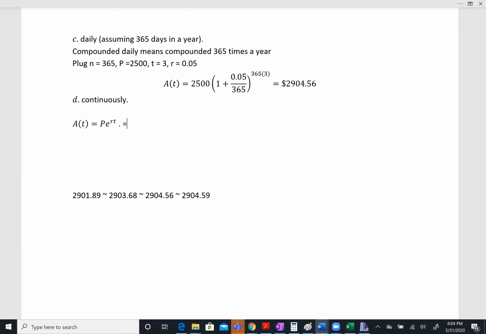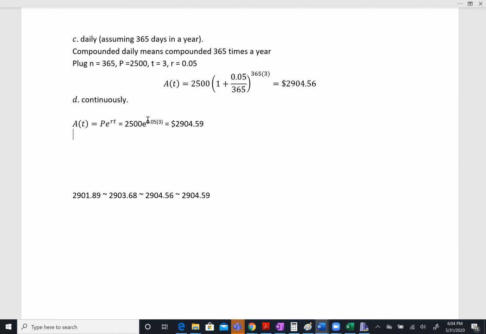Now you change: 2500 multiplied by e to the power of r, which is 0.05, times t, which is 3. And for this one, it should be equal to 2904.59.